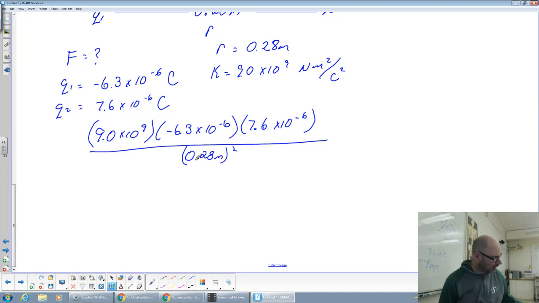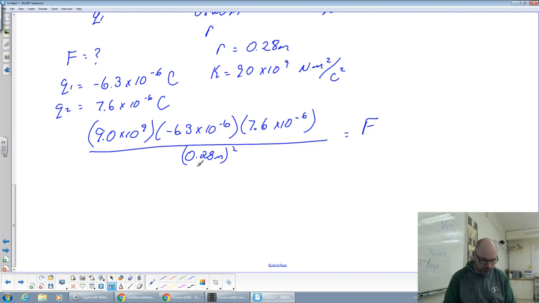Okay, so when you're using a calculator, you have to be careful to use scientific notation properly, so that you're not putting a multiply sign in between these here, only in between these.